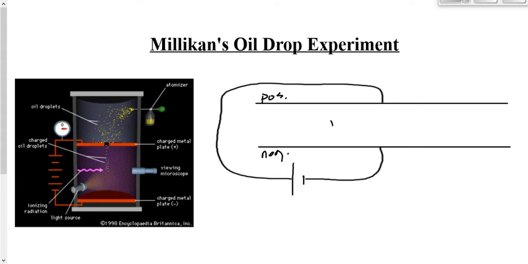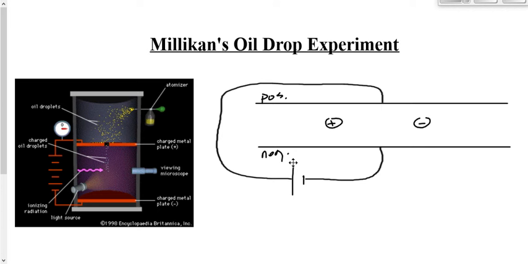Somehow these little oil droplets become charged. Some of these oil droplets may be positively charged. Some of these oil droplets may be negatively charged. Doesn't matter. Some positive, some negative. Now, in the absence of these parallel plates, these oil droplets will all fall downwards because of gravity. Now, these are really small droplets, but there's still a force of gravity acting on them.